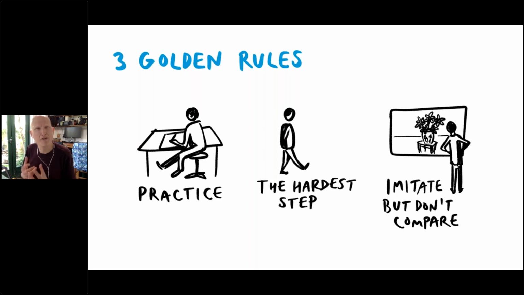If you do something every day, you can't fail but get better at it, right? I think the hardest step is the first one, actually getting started and saying, I'm going to give this a crack. And the other rule is be careful who you compare yourself against, especially as I've encouraged you to imitate.